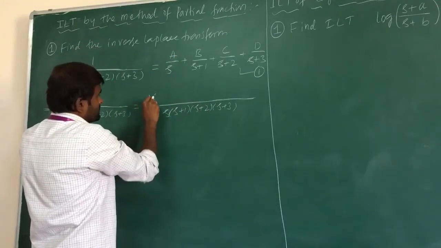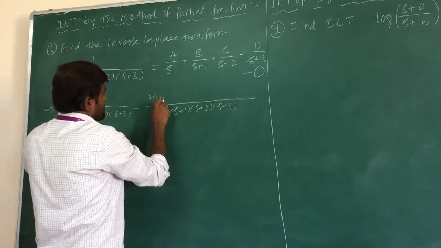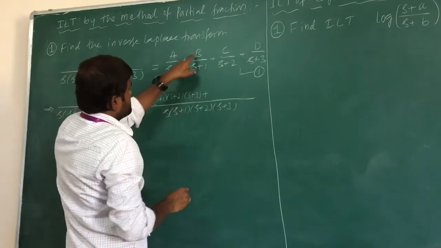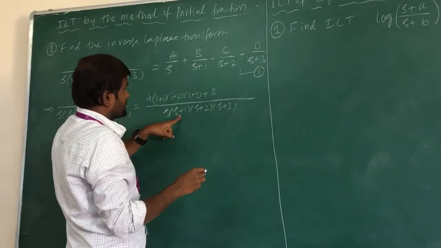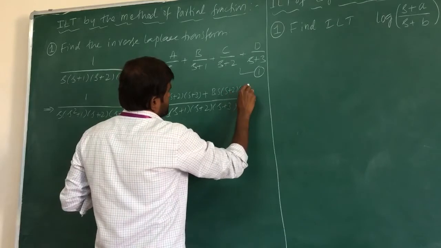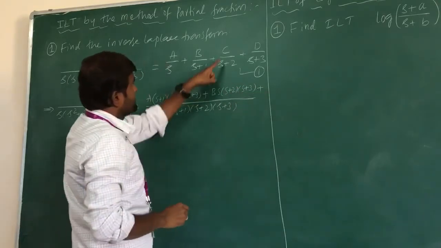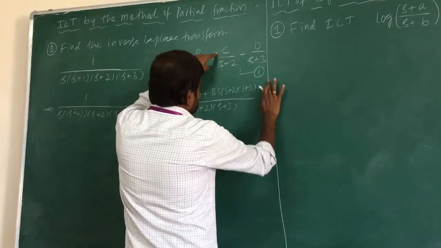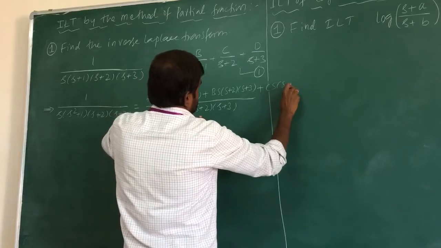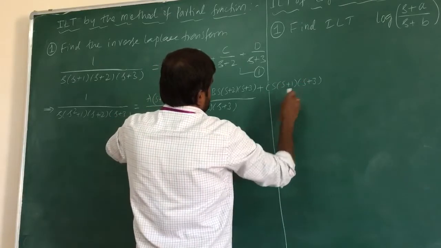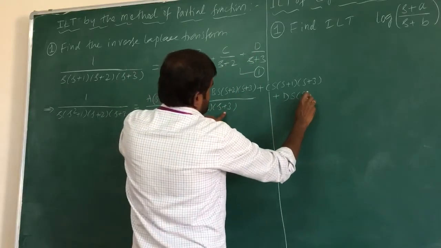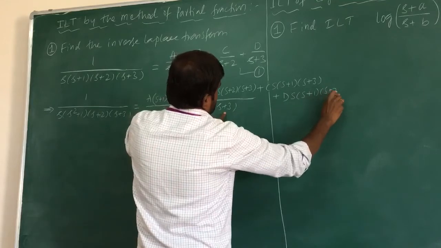Now a into s plus 1, s plus 2 and s plus 3, plus b into the remaining terms, s into s plus 2 and s plus 3, plus c into s into s plus 1 and s plus 3, plus d into s into s plus 1 and s plus 2.